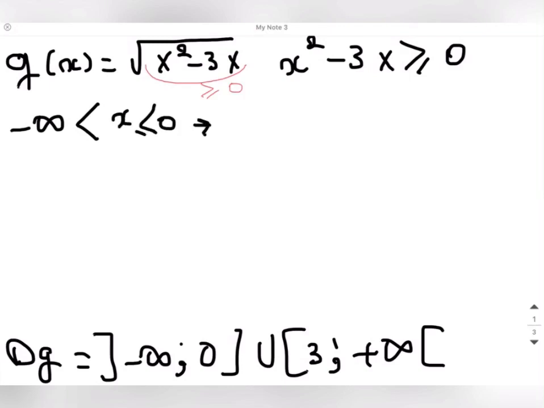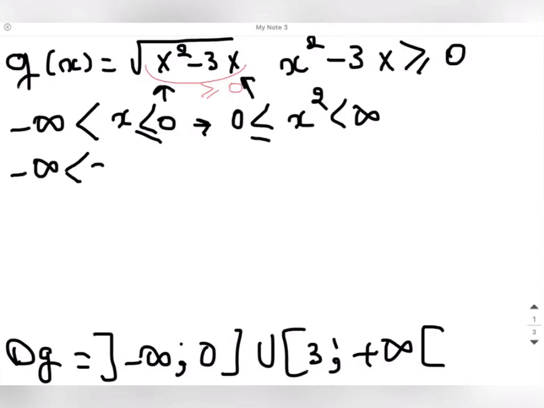Okay, closed. So x squared is between 0 and infinity, right? We have this one. We need this term too. So, since x is between minus infinity and 0, minus 3x is between 0 and infinity, right?